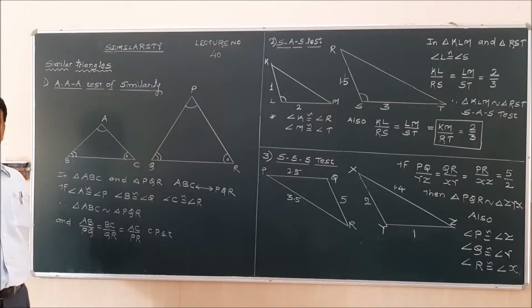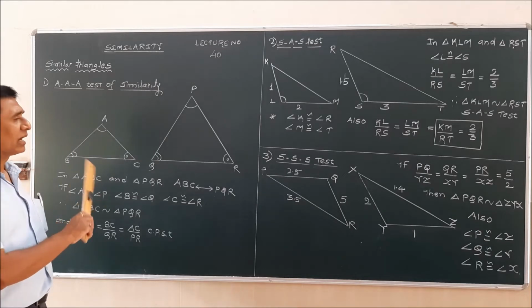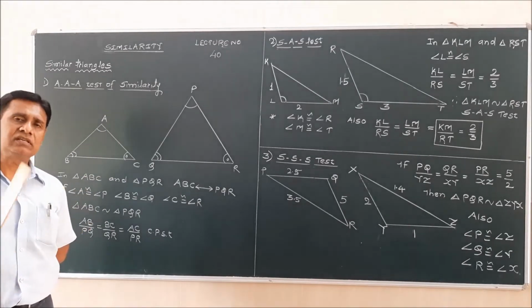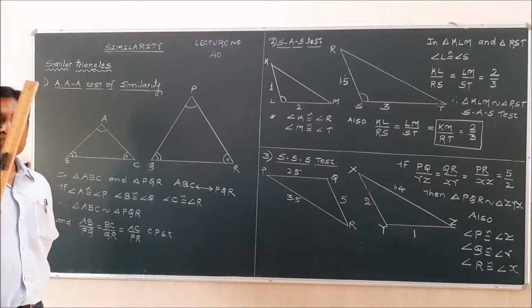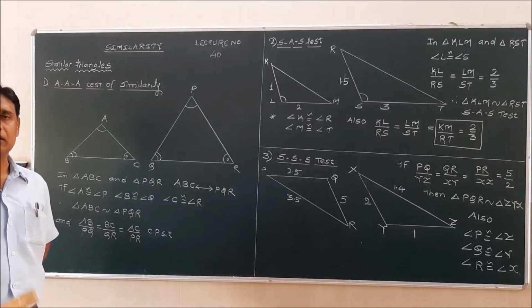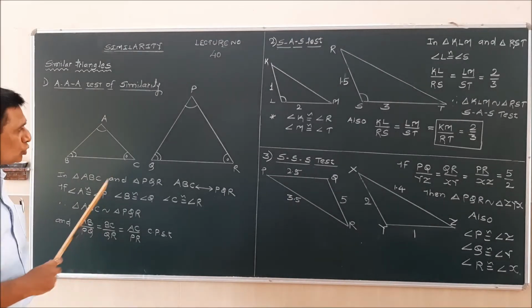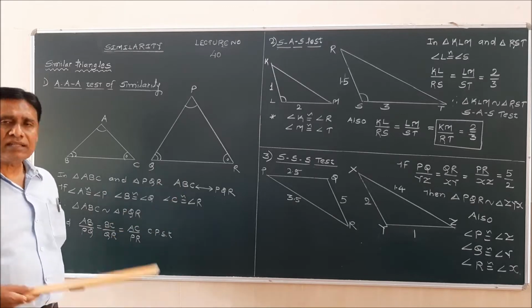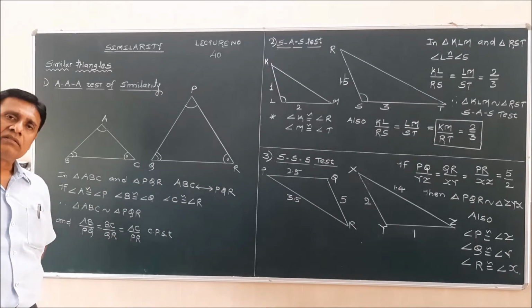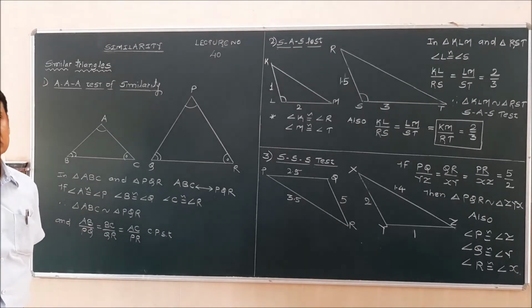Even two angles are also sufficient to prove two triangles similar. The reason is very simple. If two angles of one triangle are congruent with two angles of another triangle, then naturally the third, remaining pair is automatically going to become congruent.